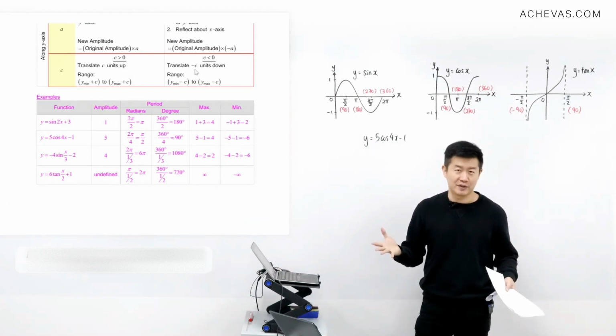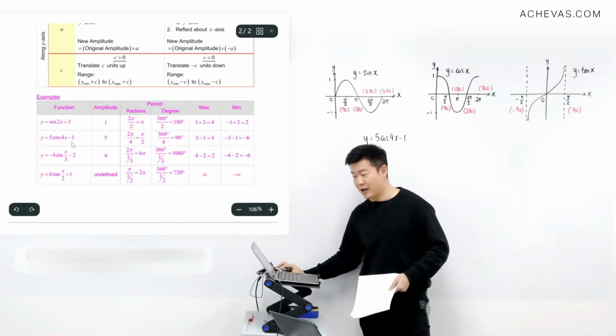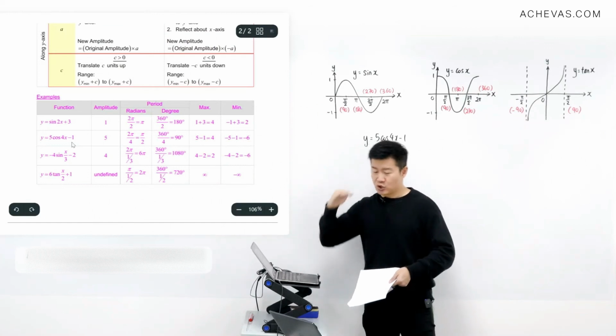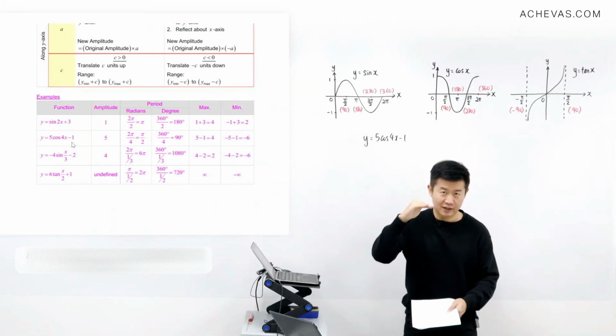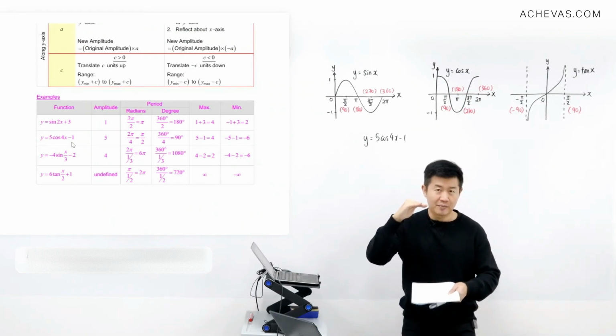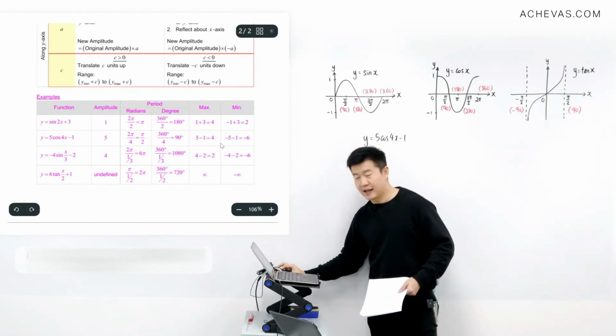Our aim is just to make it positive. So minus 1 is positive 1, so it's going to be translated by 1 unit downwards. So the original maximum and minimum was at minus 5 and 5, so it's going to be translated downward by 1 unit, so it's going to be at minus 6 and 4, which is what we have here, minus 6 and 4.